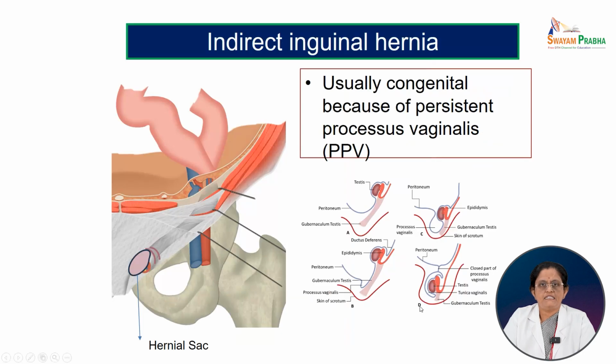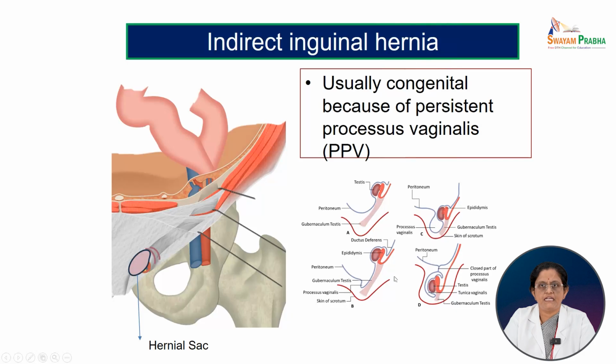So, as already mentioned, there are two types of inguinal hernia, indirect and direct inguinal hernia. First, we look at the indirect inguinal hernia. As has been explained earlier, indirect inguinal hernia is usually congenital because of persistence of the processus vaginalis. The processus vaginalis is a pouch of peritoneum which is dragged with the descent of the testis, which usually obliterates, and the connection to the peritoneal cavity is cut off, and it is going to form a covering of the testis that is called tunica vaginalis.